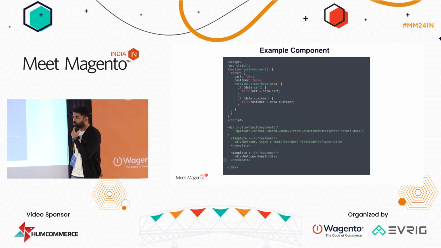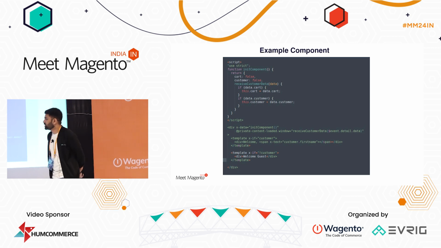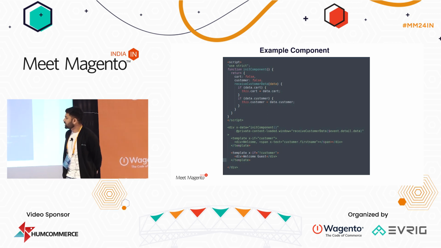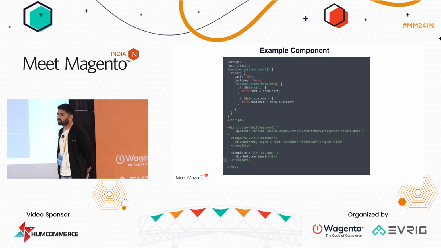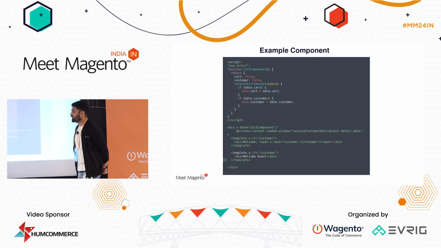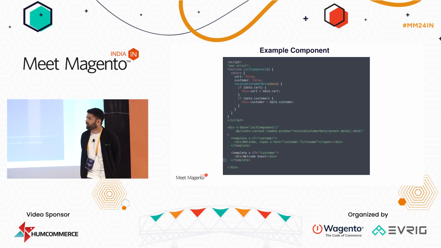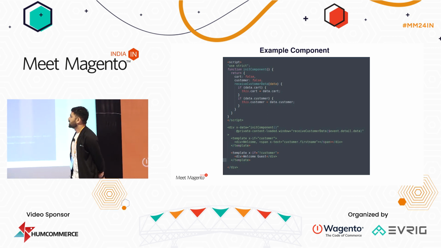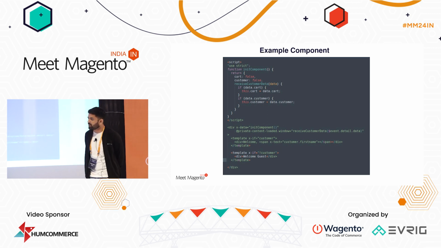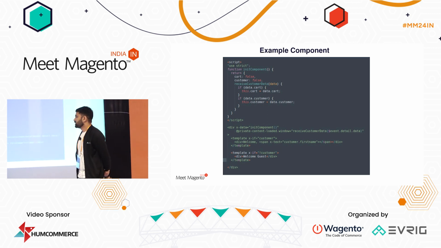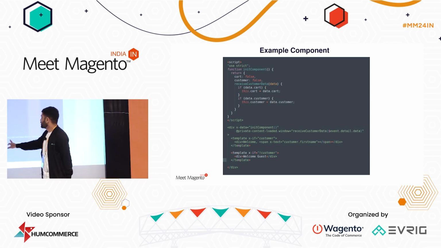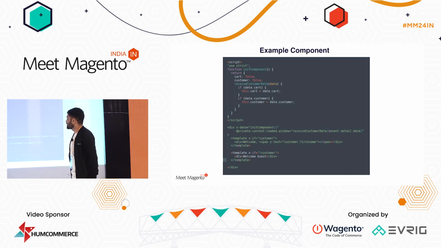And next is a simple example component of the Hyvä theme with Alpine.js. You can see that I have created an initialized data with the x-data attribute of Alpine. If you are familiar with Alpine.js, x-data will simply initiate this JavaScript function, init component. Inside init component, I have declared two variables, customer and cart, which are initially false, but I have also added an event subscriber for private content on the window, and I have added a function, receive customer data.